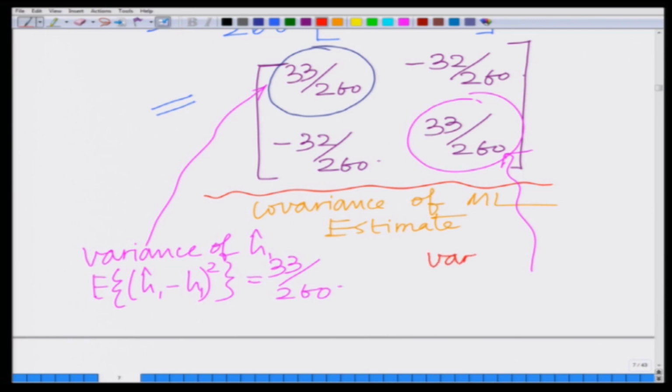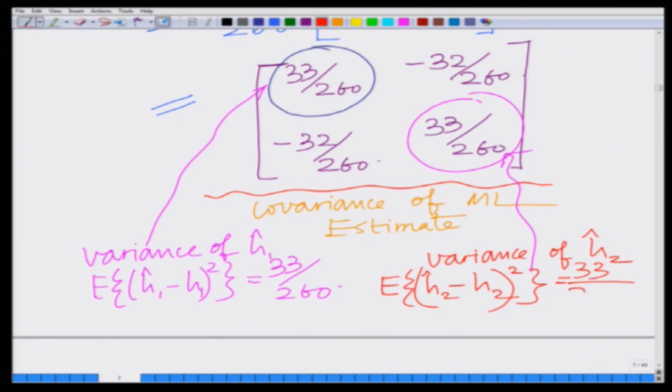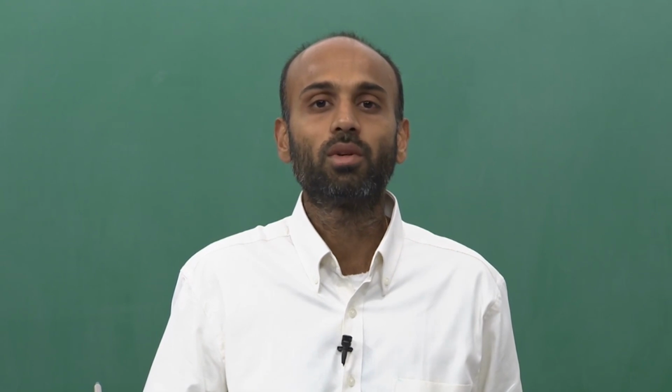So, this is the variance of H2 hat, the 2 comma 2th diagonal element, so the expected value of (H2 hat minus H2) whole square is also equal to 33 divided by 260. All right. So, we have calculated the covariance and also the variances of the individual channel estimates.